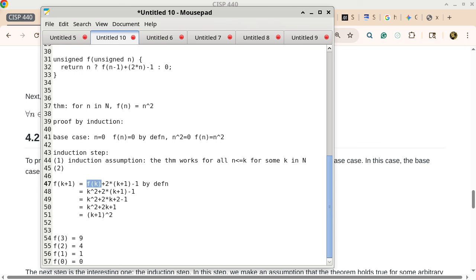So this is where the substitution happens based on the induction assumption. We know that f of k is k squared because that is what the theorem says. Why would we? This is a recognition. The recognition is k squared plus 2k plus 1 is also known as k plus 1 squared.